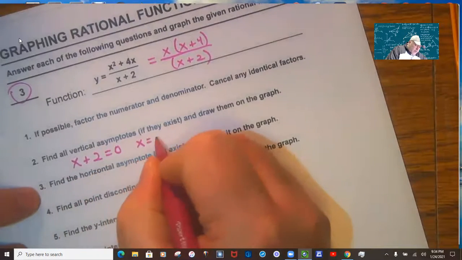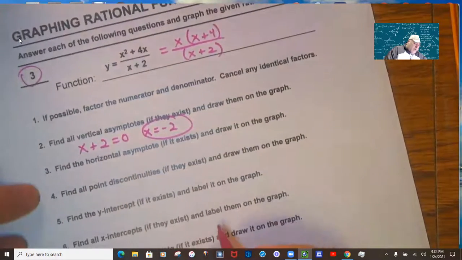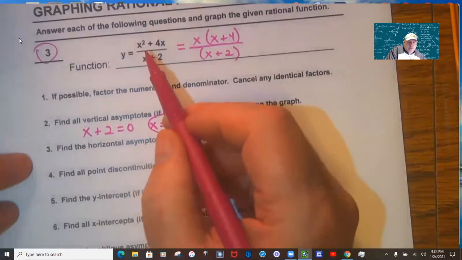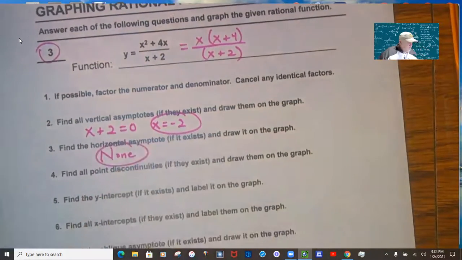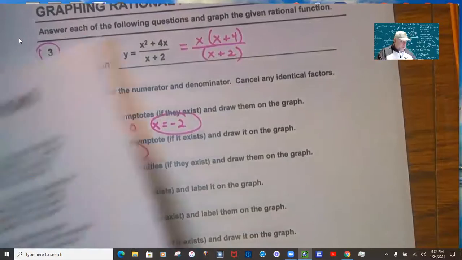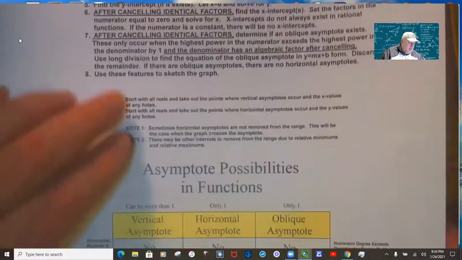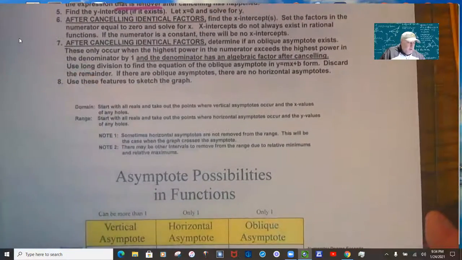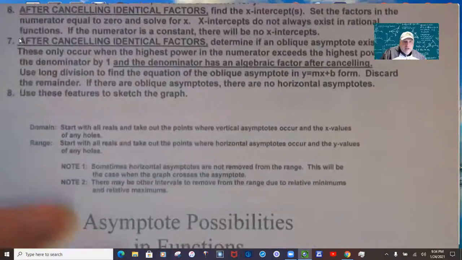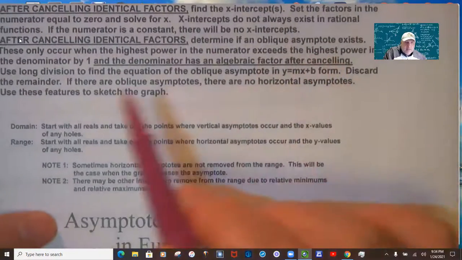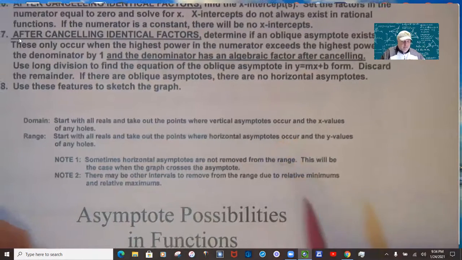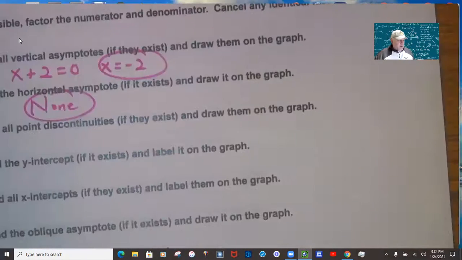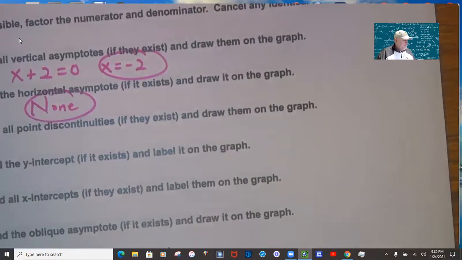So x equals -2. Horizontal asymptotes, notice that the power is higher in the numerator by 1. So you need to read this when you get there on the oblique. Occurs when the highest power in the numerator exceeds the highest power in the denominator by one, and the denominator still has an algebraic factor. Use long division. Oh boy, we got to do some long division.